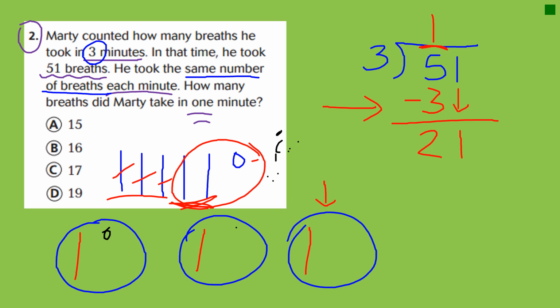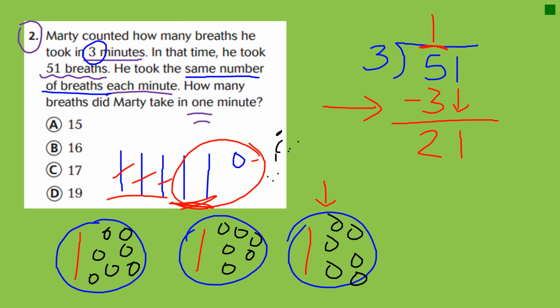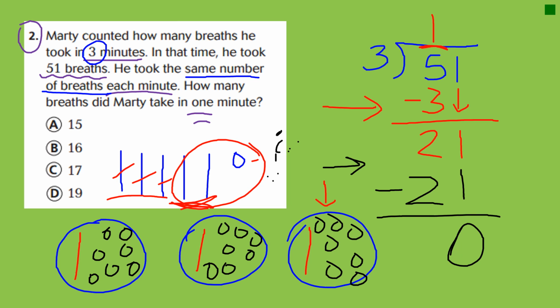Ready? 1, 2, 3, 4, 5, 6, 7, 8, 9, 10, 11, 12, 13, 14, 15, 16, 17, 18, 19, 20, 21. Okay, so I was able to put all 21 ones into the 3 equal groups.